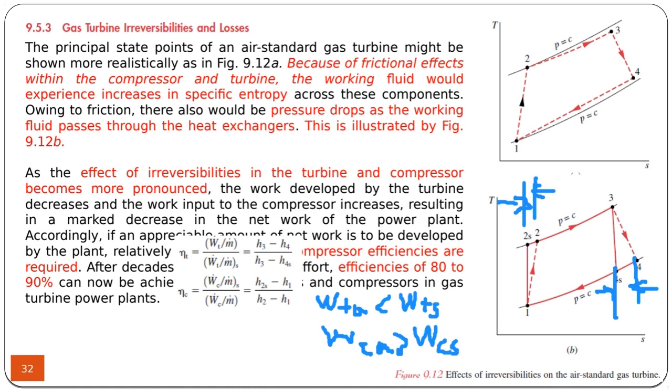In isentropic efficiency of the turbine, we use actual divided by isentropic. On the other hand, the isentropic efficiency of the compressor is defined as isentropic divided by actual. So this is the difference between the two types of isentropic efficiencies.